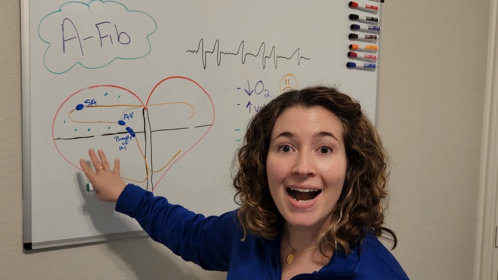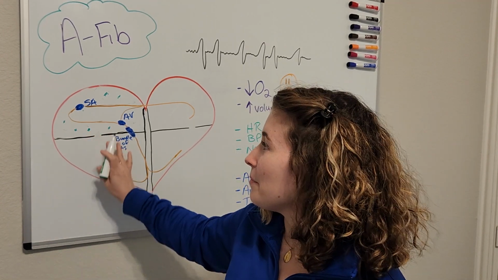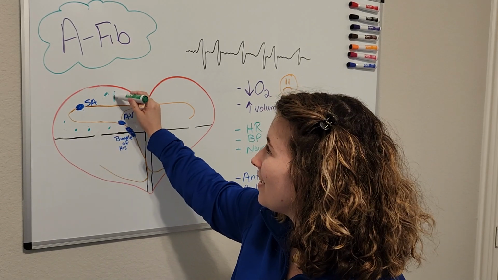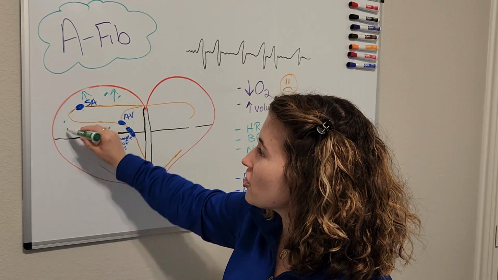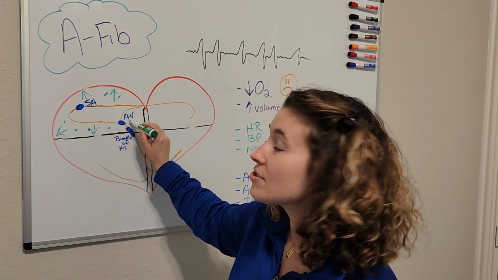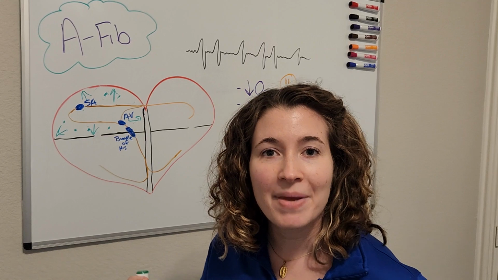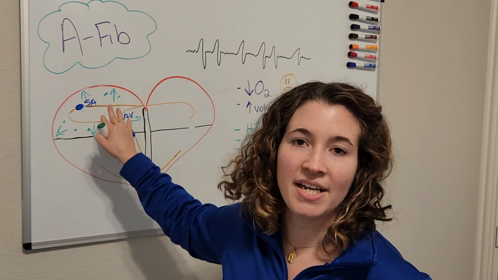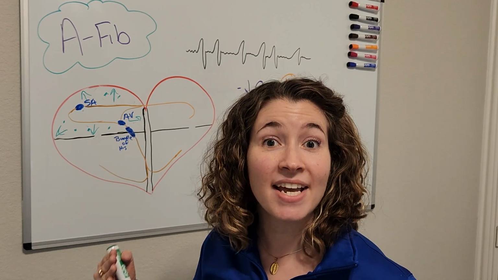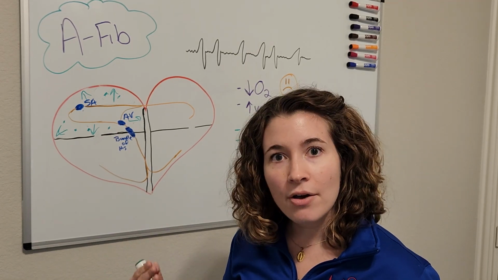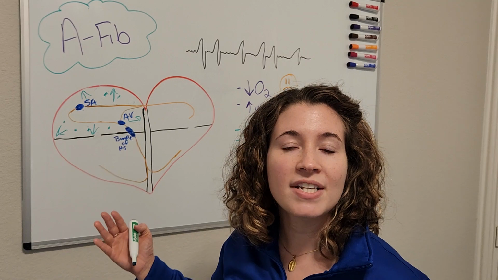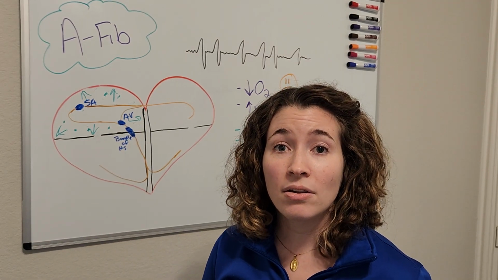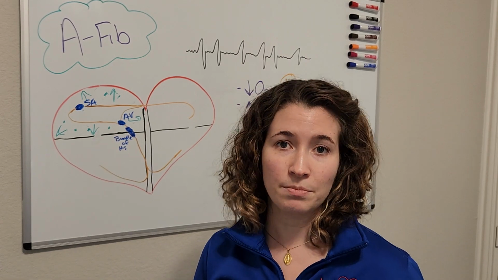When you have that backup of blood that goes straight into the right atrium, what that blood does is it stretches the walls of the right atrium, and as those walls stretch, it causes those cells to become irritated, leading to atrial fibrillation. Other causes of this increase in blood volume in the right atrium include things like giving a lot of fluid, like in fluid boluses.